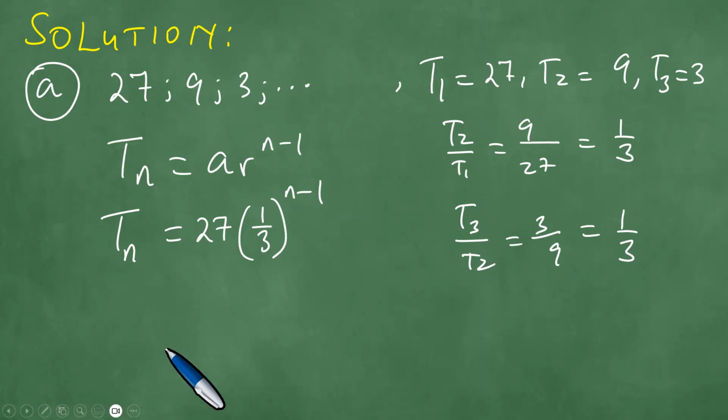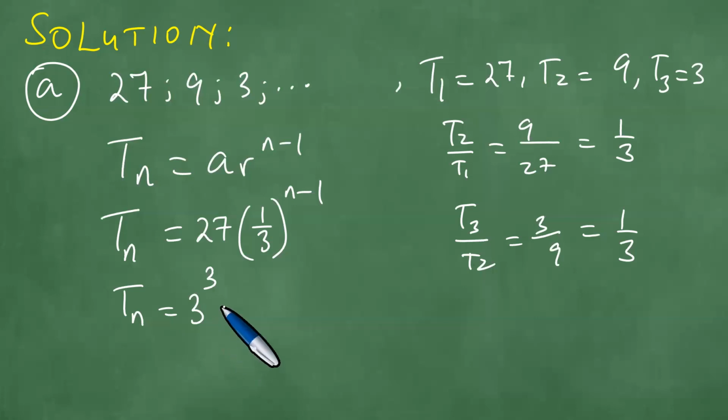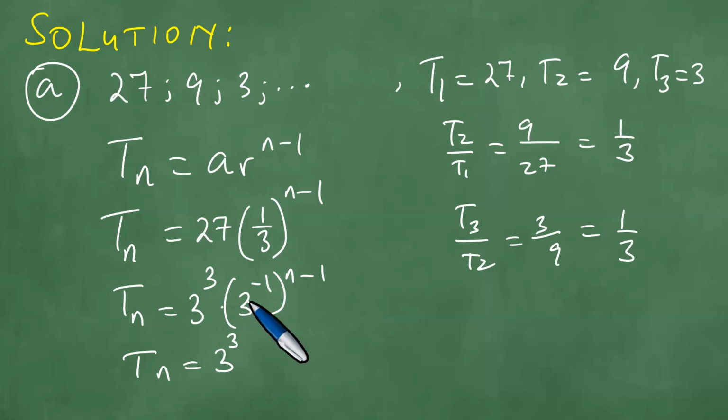Okay, so this is the answer to the question, but the answer can be written in many ways. For example, the number 27 can be written as 3 to the third power multiplied by 3 to the minus 1 into n minus 1. So that Tn is the same as 3 to the power, now there is a minus 1, if you distribute here, it's going to be minus n plus 1.